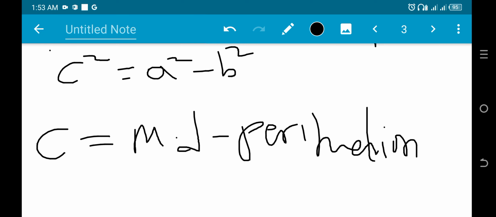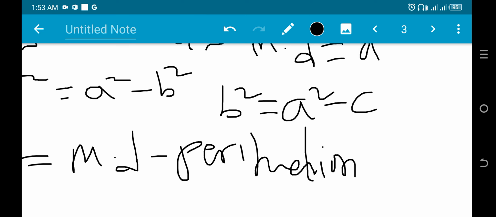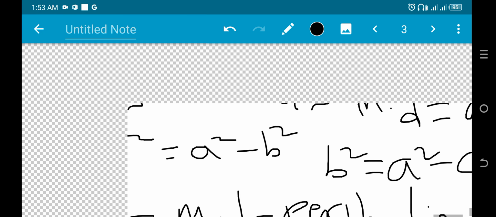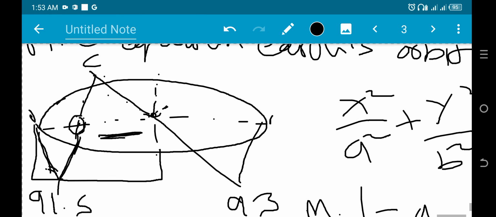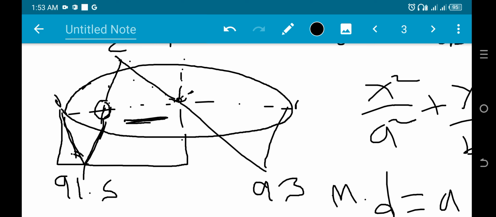Then after finding c, we are going to say b squared is equal to a squared minus c squared. There are many other ways in which you can find c. In other scenarios, they won't give you the perihelion. They are going to give you what?